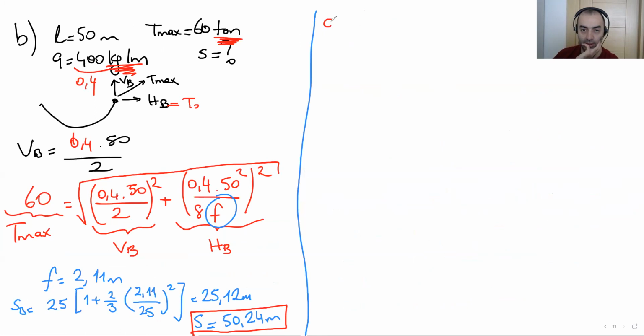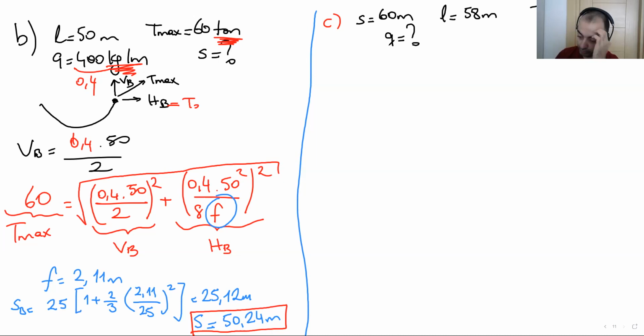Okay, let's do C. S in meters. L is, Tmax is, what is Q? Q is the magnitude of the uniform distributed load.